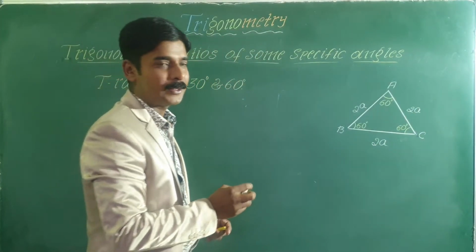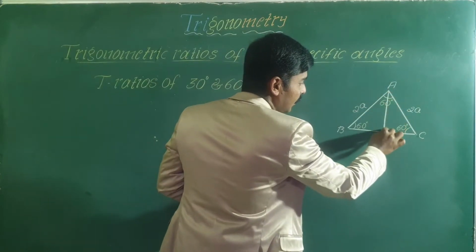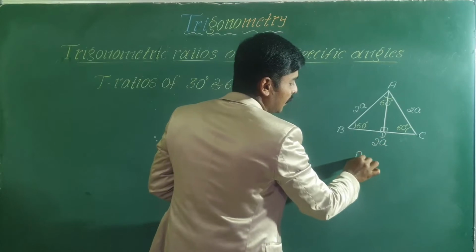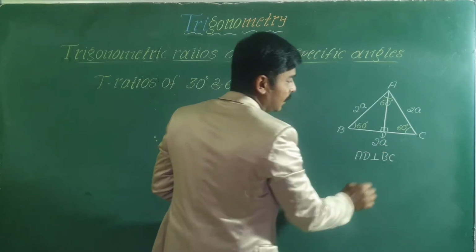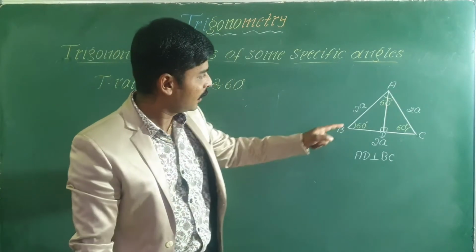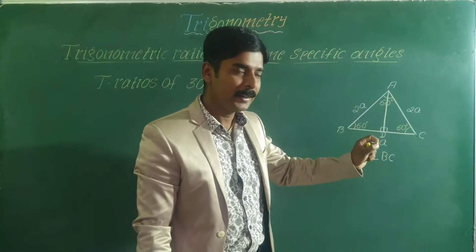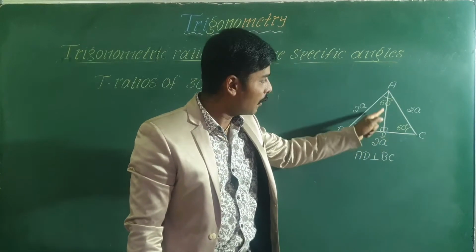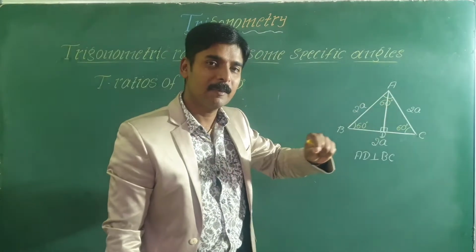Now let us draw a perpendicular AD to BC. Since ABC is an equilateral triangle, this line AD will bisect this angle A. You know what is an angle bisector?